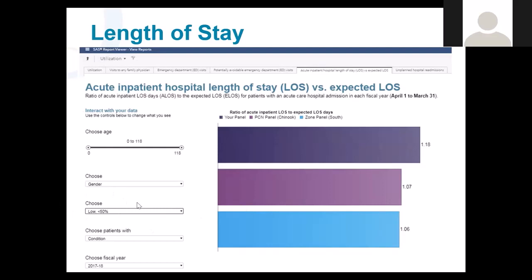And then if we look at the ALOS-ELOS ratio for those patients who have low continuity, wow, look at that ALOS-ELOS ratio. These patients are staying in hospital a lot longer than the typical Canadian average for those conditions and types of procedures.